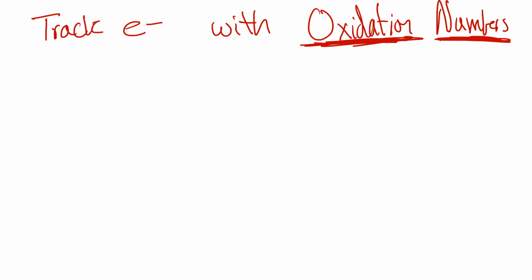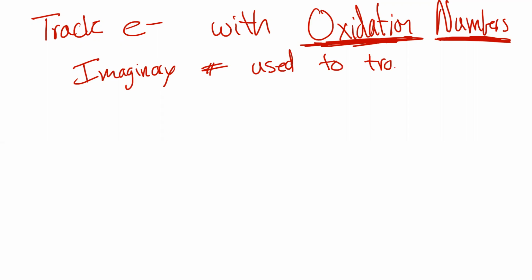An oxidation number is not a real thing. It is a tracking system, an imaginary number used to track electrons. Electron rich, electron poor, no change, etc.